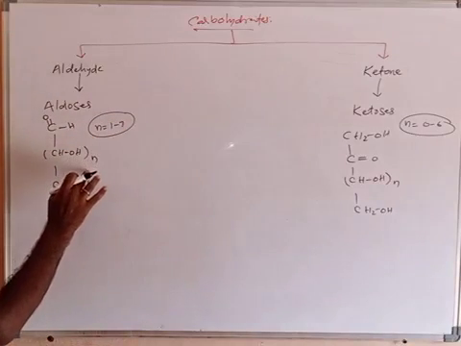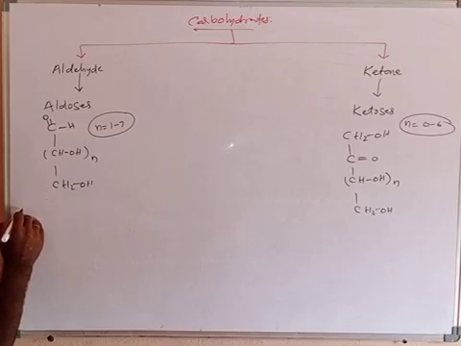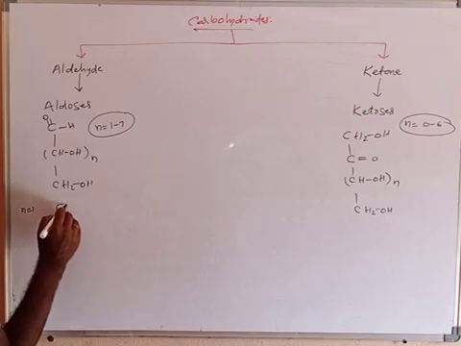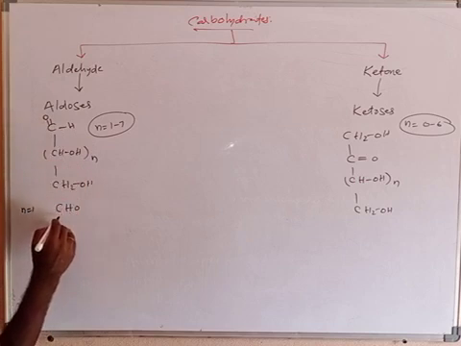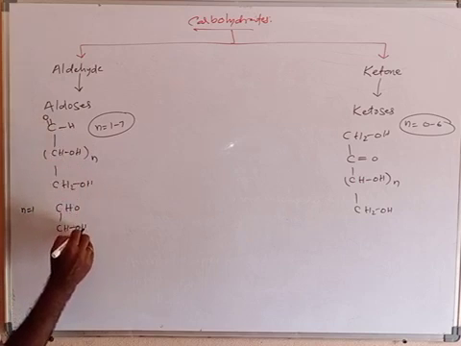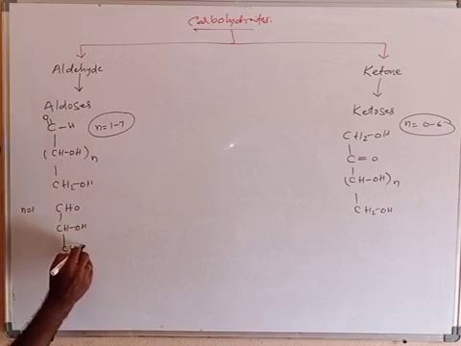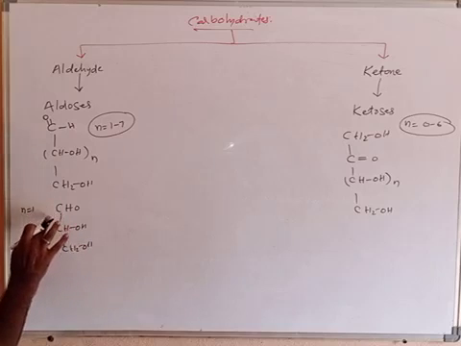Now substitute n equal to 1 in the aldose formula: CHO aldehyde group, CHOH and CH2OH. How many carbons are there? 1, 2, 3 carbons.